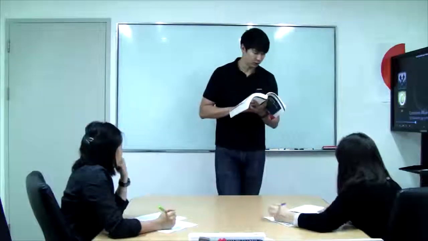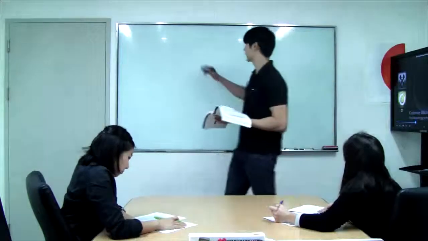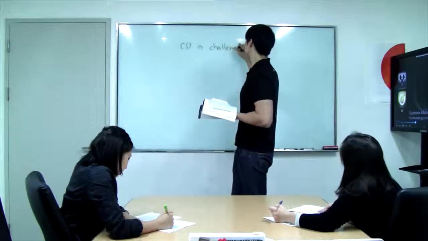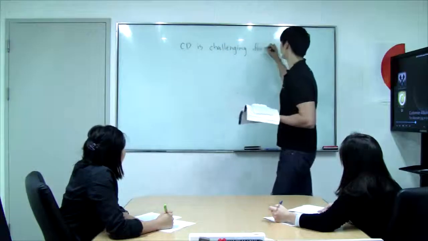So now that we've gone over the 4 different types of context clues, let me go ahead and give you my example. Here we go. Cheongdam is challenging for students.